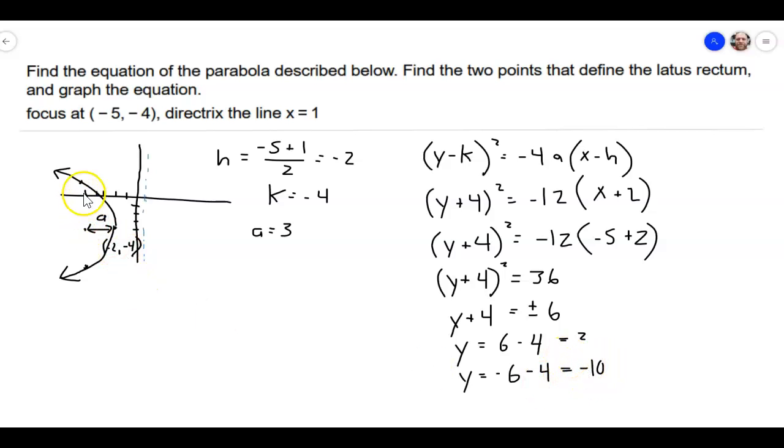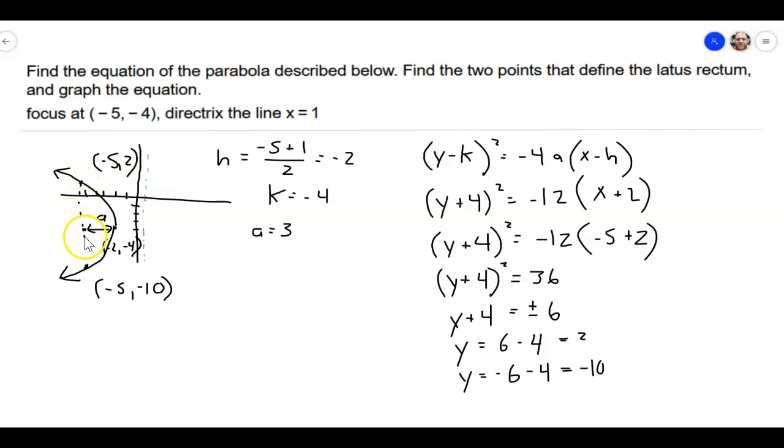So that means that this point up here is going to be the same x value as our focus, so -5, 2. And the one down here is going to be -5, -10. All right, so this creates our latus rectum.